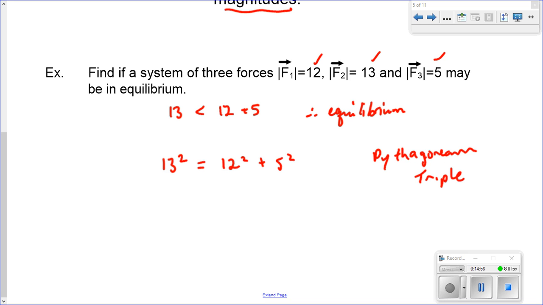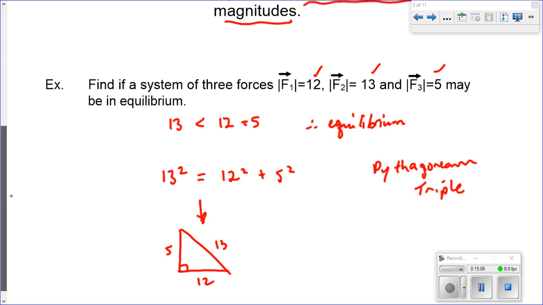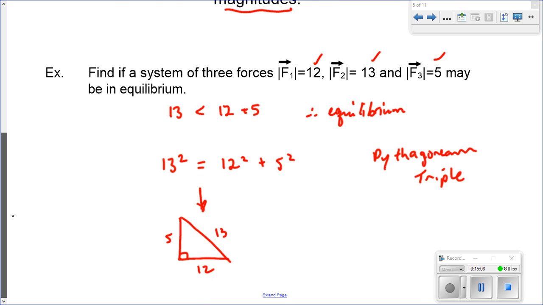And what this means is that it's actually a right triangle. Draw this as a right triangle here. So there we've got a coplanar situation. These three forces can actually make up a right triangle here. And that would again be a particular case of a question like this. And it's only because I recognize that as a Pythagorean triple. But that's what it would look like.